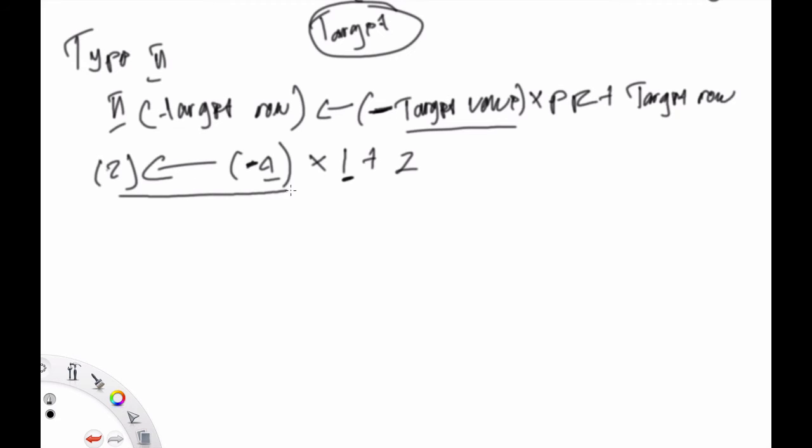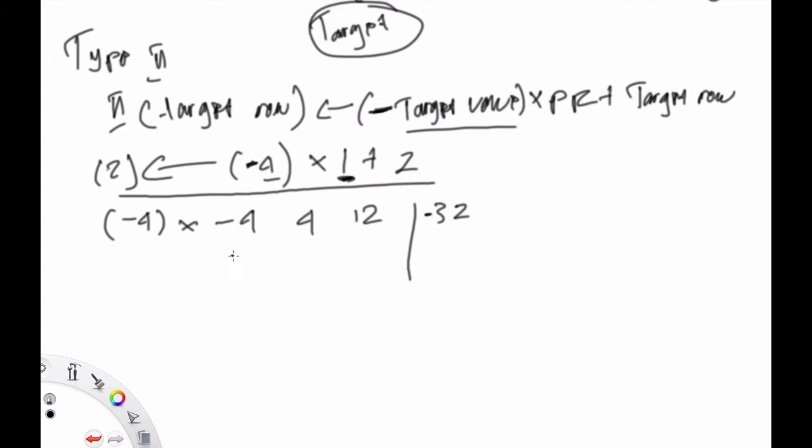That is the type 2 operation. The number is -4, and the result is -4, 4, 12, and -32.